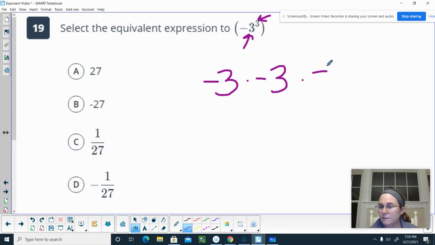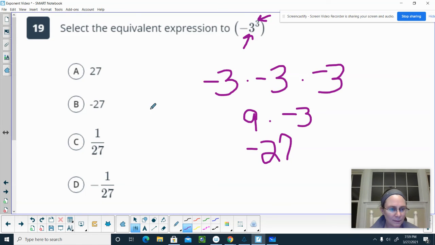It doesn't have 1 in the numerator because the exponent's not negative. Negative 3 times negative 3 is positive 9, times another negative 3 would be negative 27. And that answer is B.